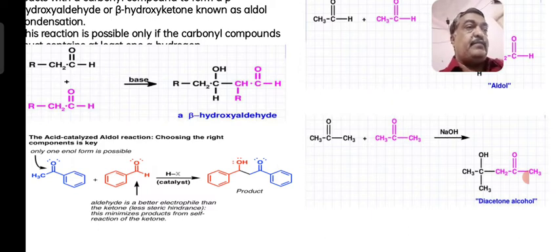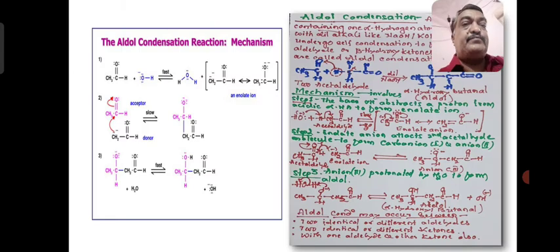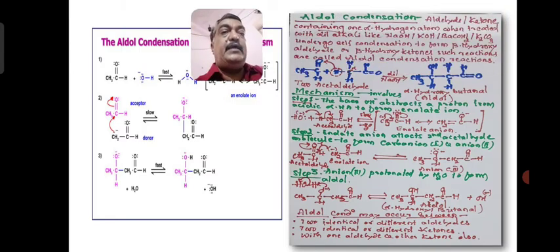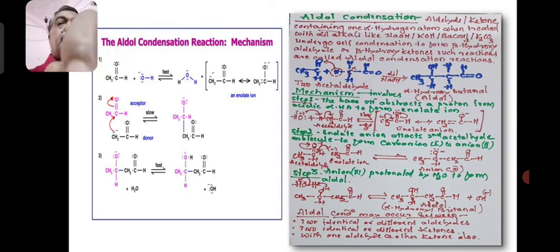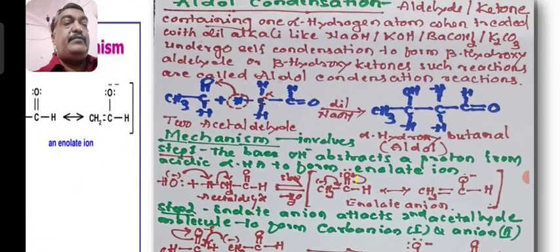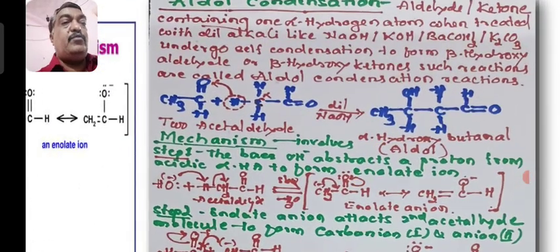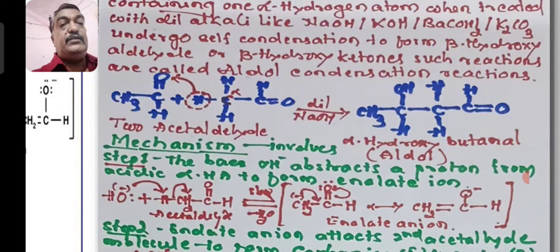Such types of reactions are known as aldol condensation. I have shown the mechanism here, and here again I come across my routine method of showing it in handwritten format. I think handwritten format is sometimes better than what is represented here. You can see two aldehydes in dilute NaOH undergo aldol condensation.